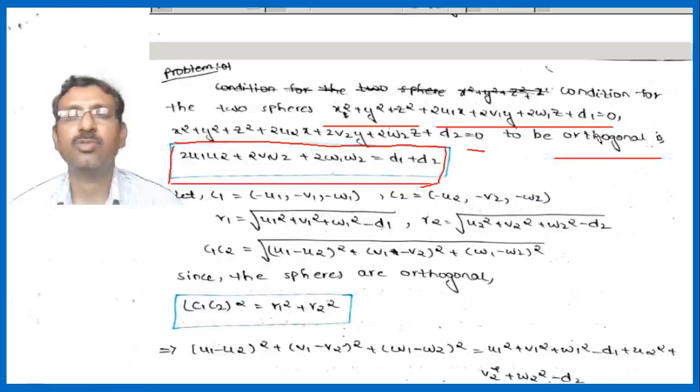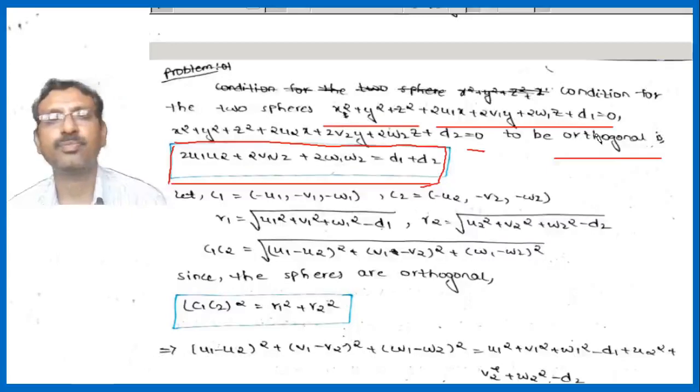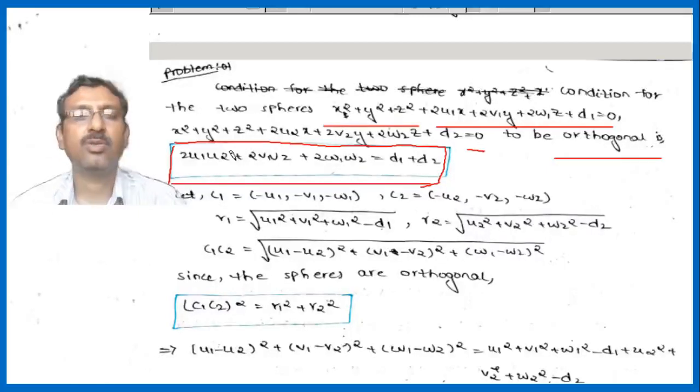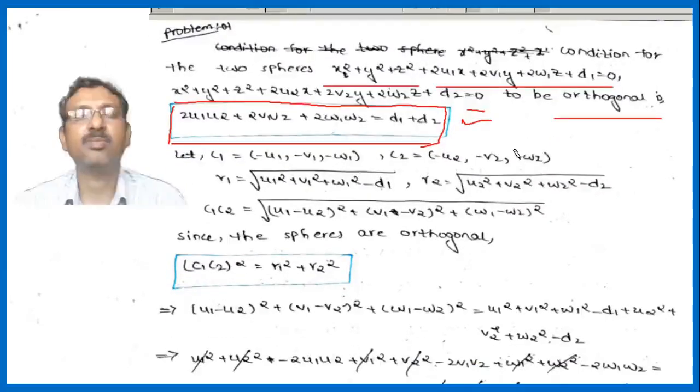So we can say the orthogonality condition is 2u1u2 plus 2v1v2 plus 2w1w2 equals d1 plus d2. Here is a small derivation. This is a very simple one.